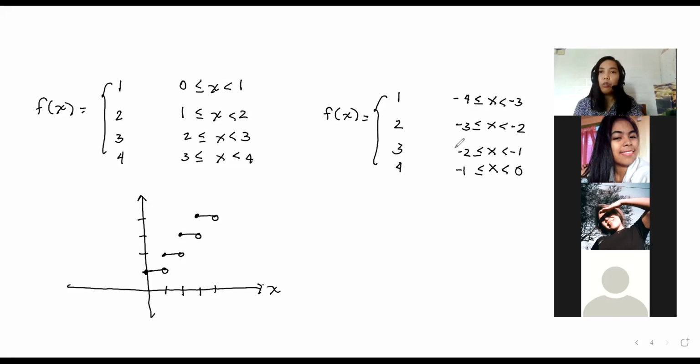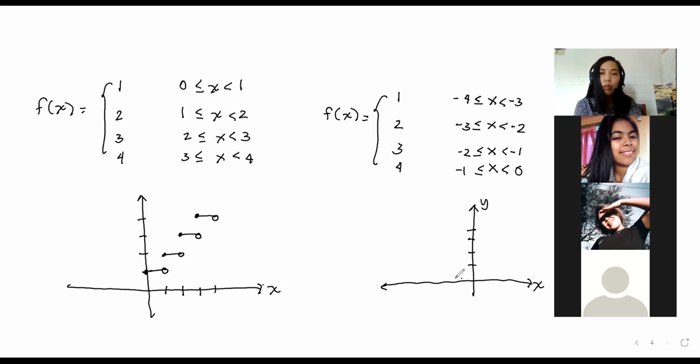So, ang mga values ni x natin ay nasa second quadrant naman kasi puro negative. So, y is 1, 2, 3, 4.